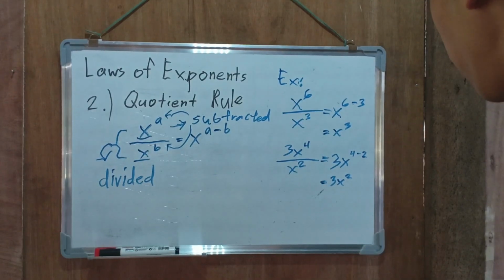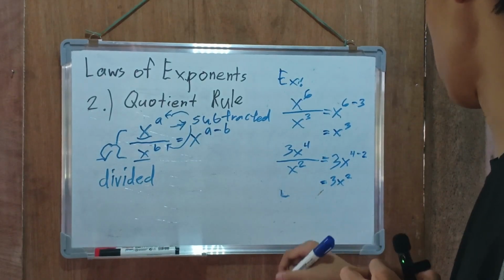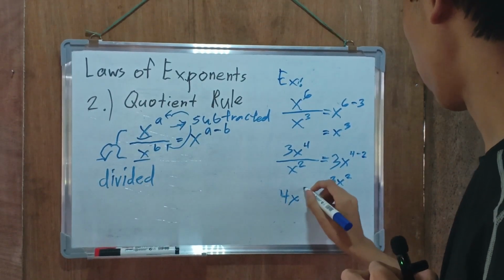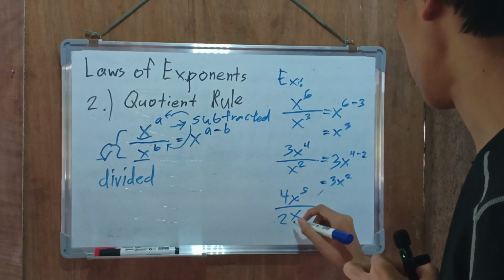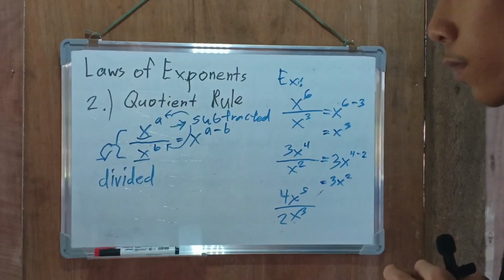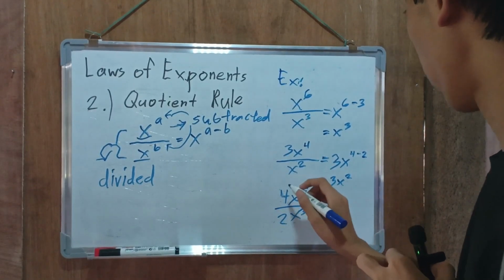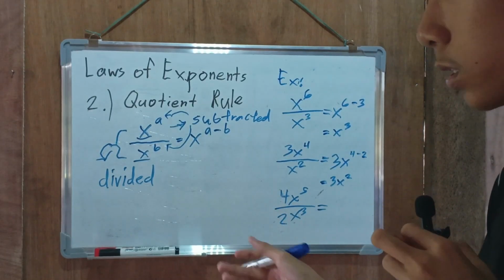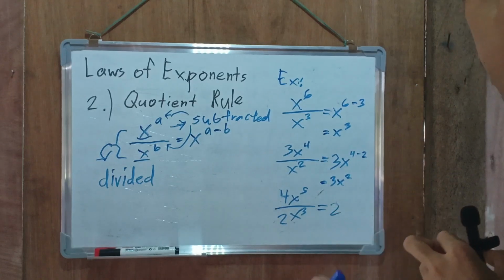Now, what if this is, actually, let me put this as 4x raised to 5 divided by 2x raised to 3. The technique here is very, very simple. We're going to take the constant first. 4 divided by 2 is 2.